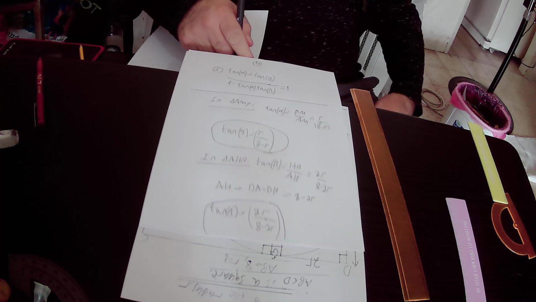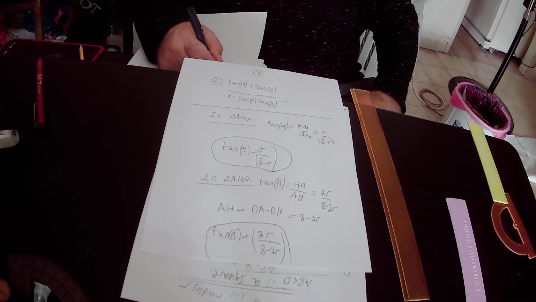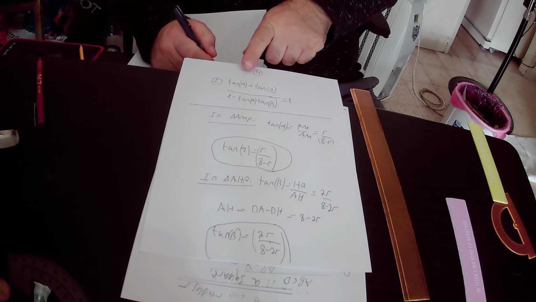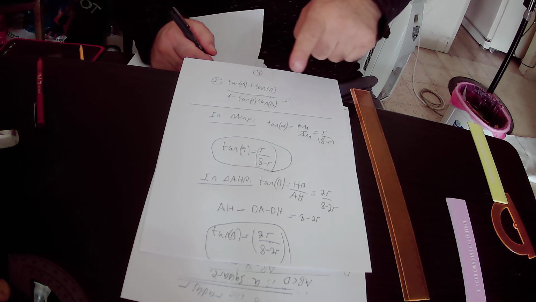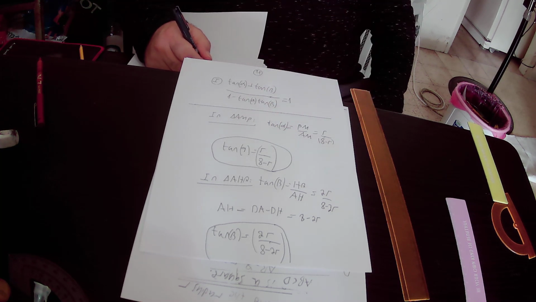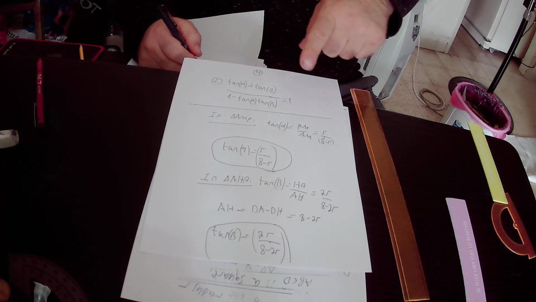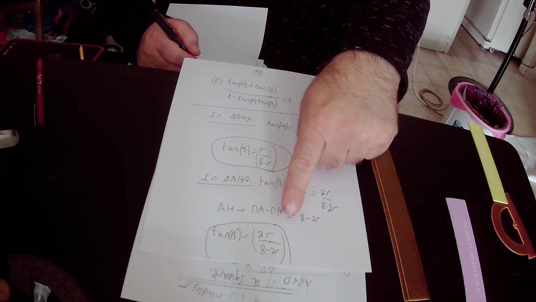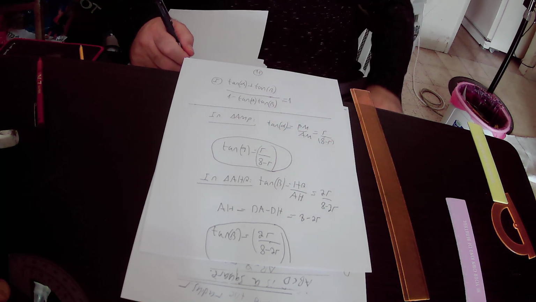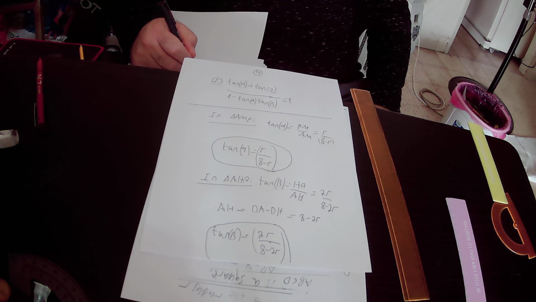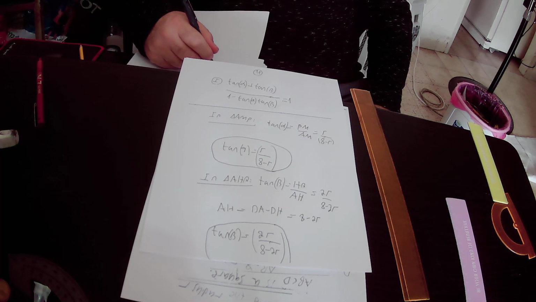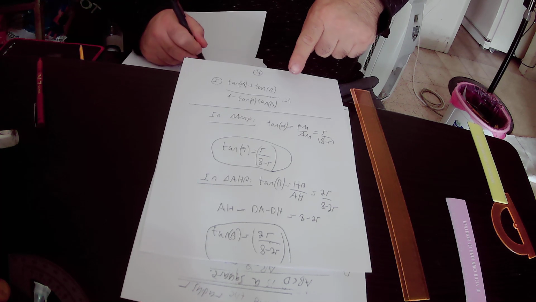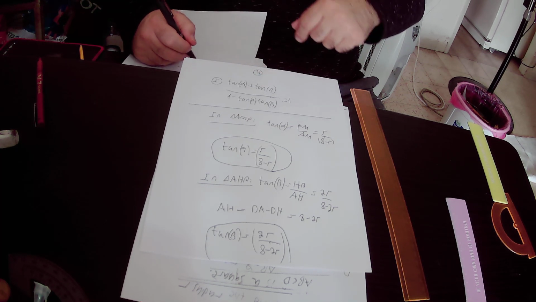So here we have equation number 1: tangent alpha, whose value is R over 8 minus R, plus tangent beta, whose value is 2R over 8 minus 2R, all divided by 1 minus tangent alpha times tangent beta.